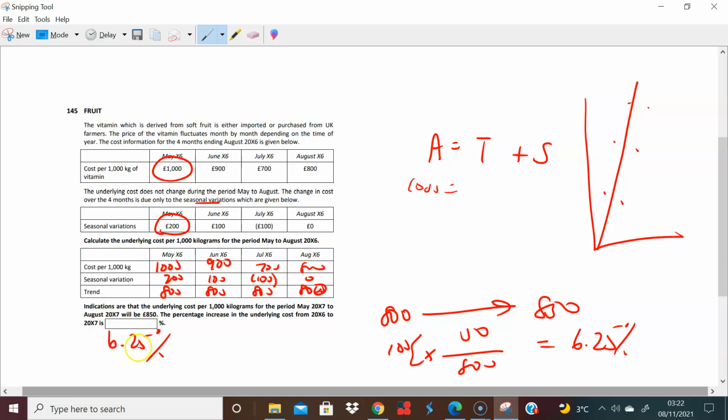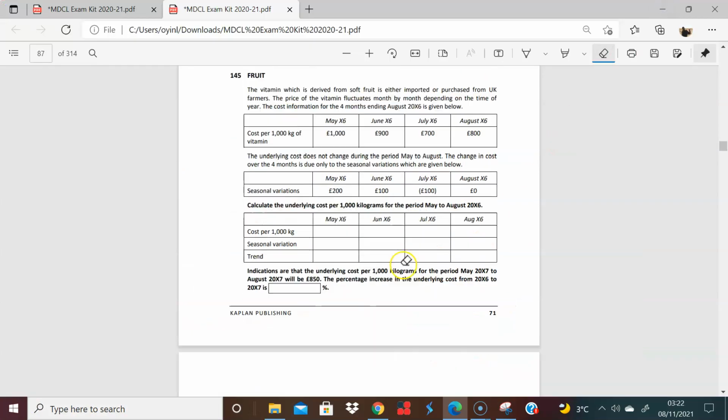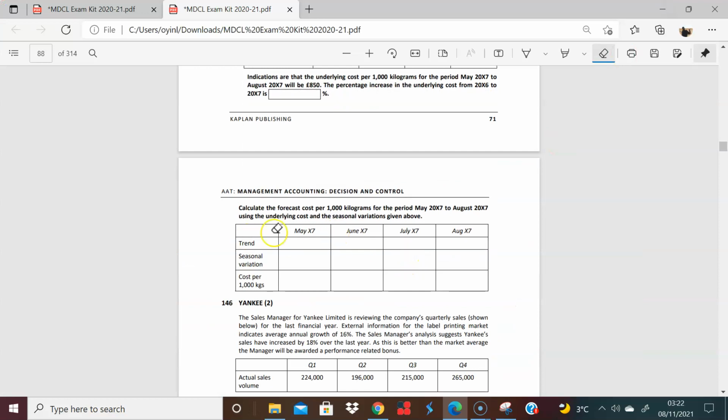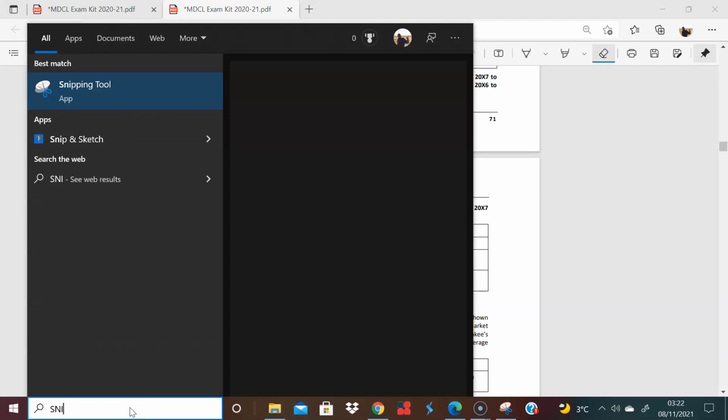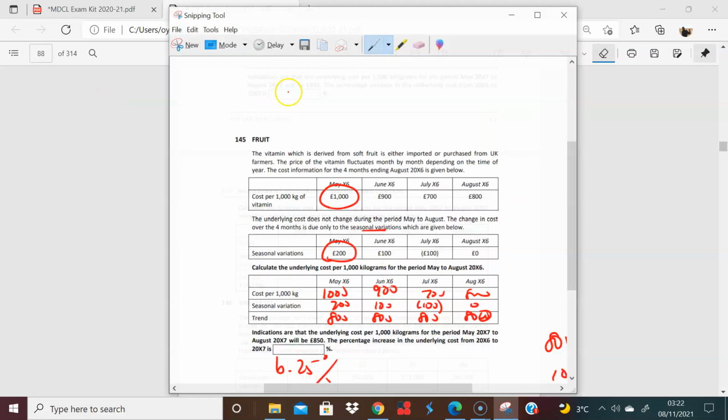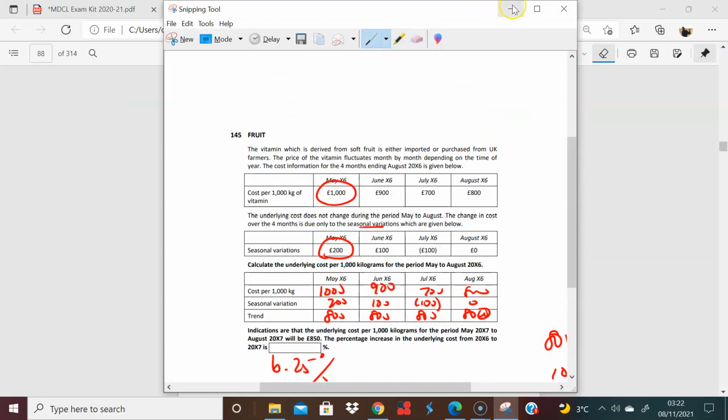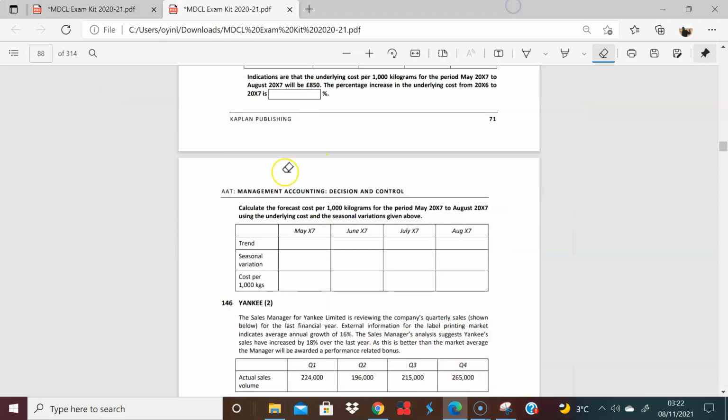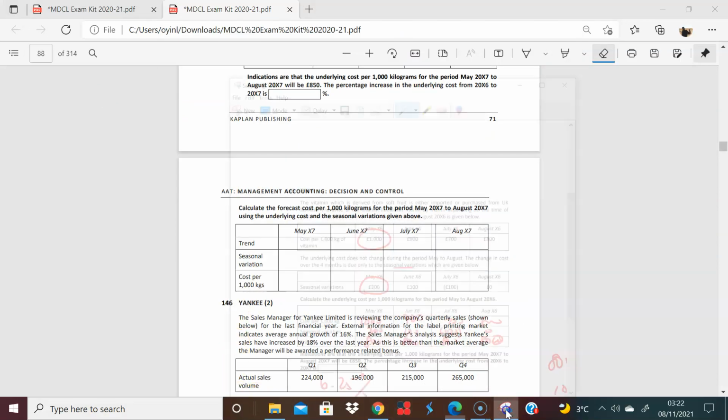There's a second bit to this question. I'll just dig that up. When I say a second bit, because I couldn't cut the page. Yeah, it's this one here. Let me just snippet this out. Oops. All right.